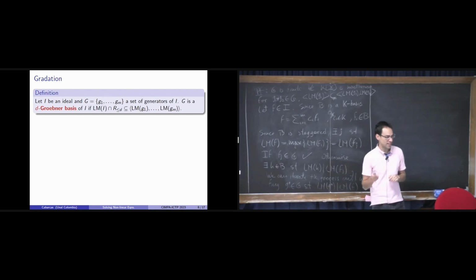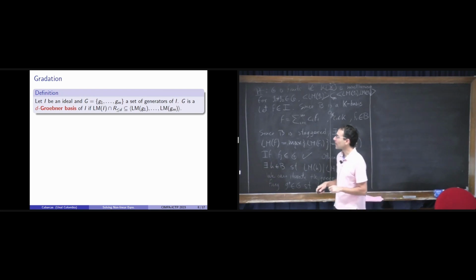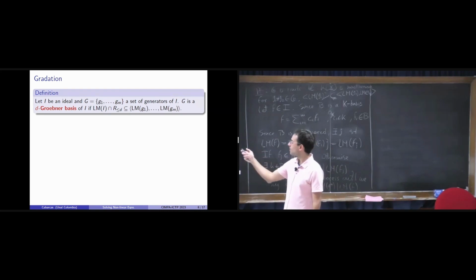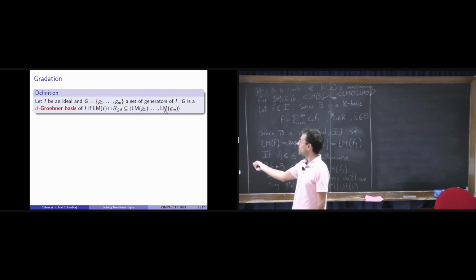All right? So let I be an ideal and G a set of generators of that ideal. G is called a D Groebner basis of the ideal I if the leading monomials of the ideal up to degree D is precisely the ideal generated by the leading monomials of the G1 through Gm.